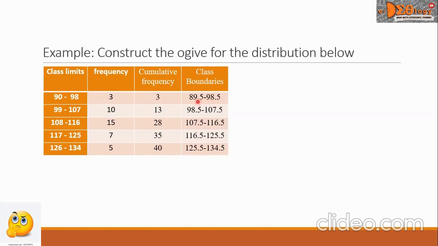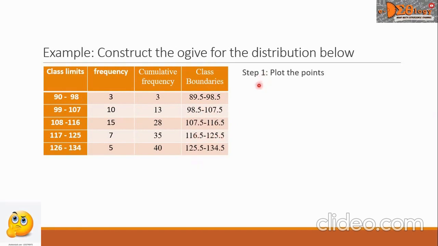That idea is true in all the class boundaries respectively. Take note also for this upper class boundary 98.5 for the first class. This is equal to the lower class boundary of the next class. That is true in all the other classes.